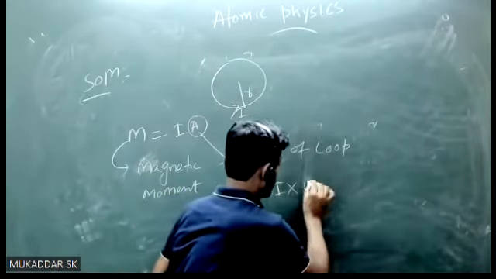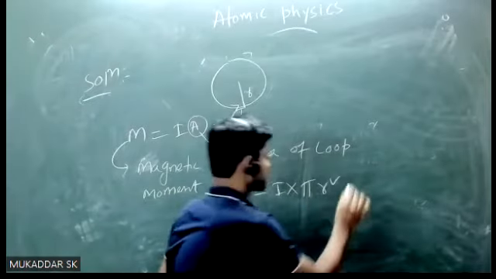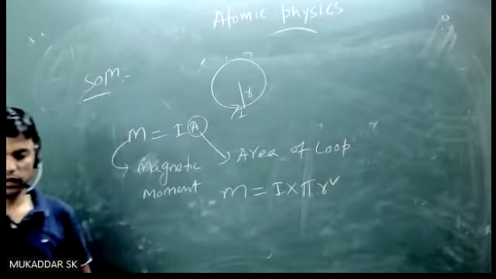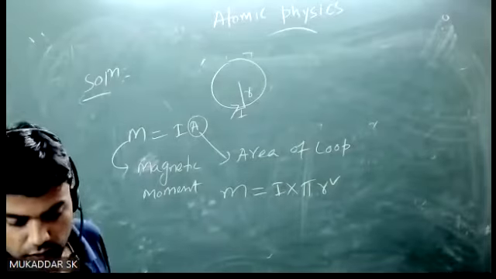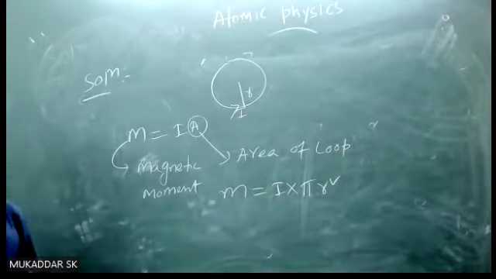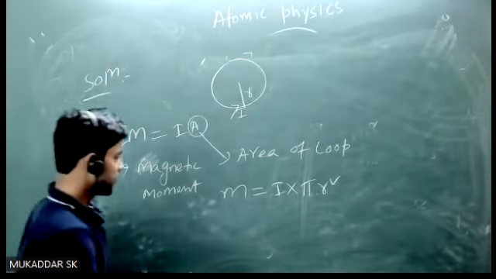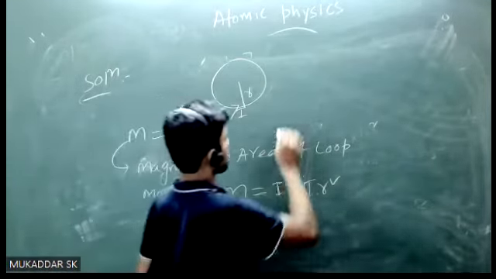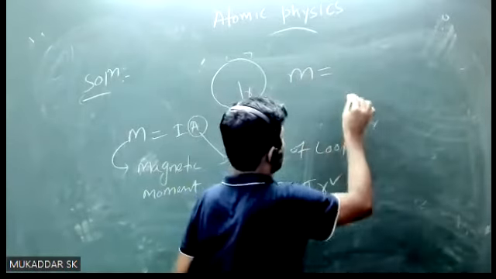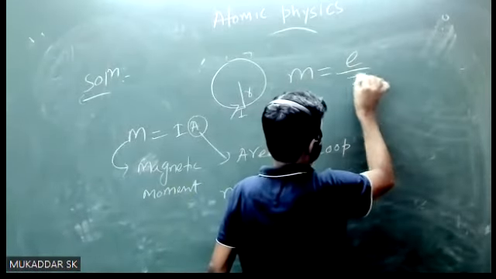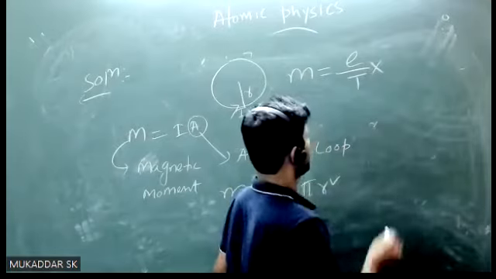Area is nothing but pi r square, right? Now, we have just defined that I is nothing but e by T. So it should be e by T into pi r square.